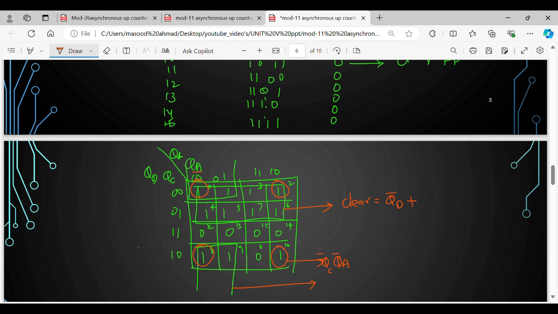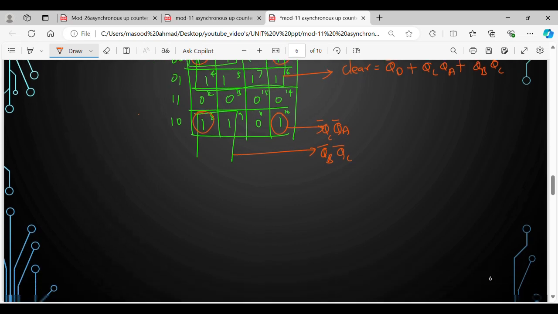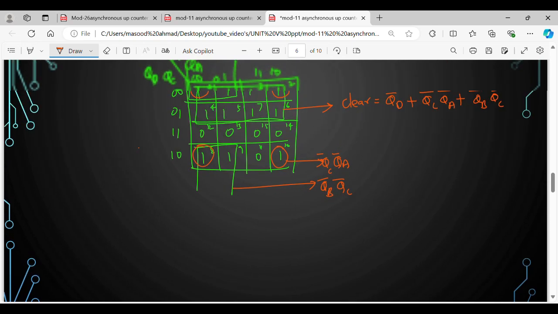Now for this, QB bar QC bar. So the overall expression for clear is QD bar plus QA bar QC bar plus QB bar QC bar. We will look into the difference between this and the rest of the designs. So if I make this, then it will be done.